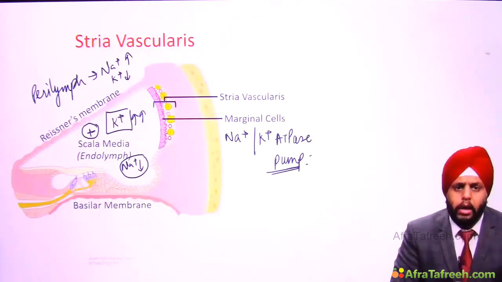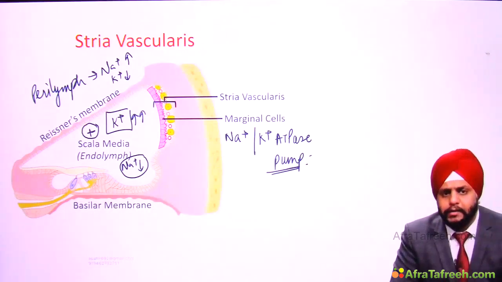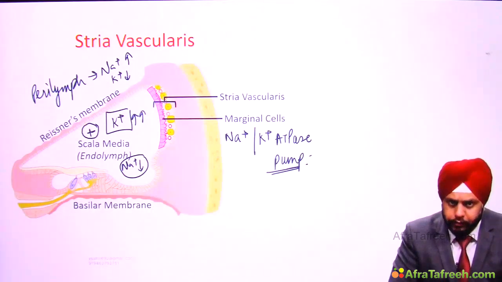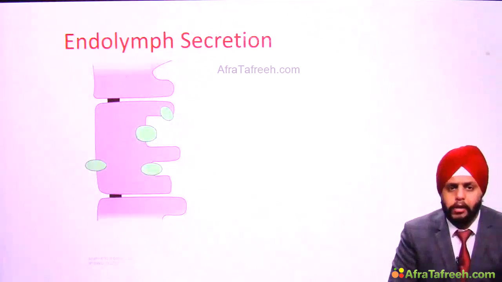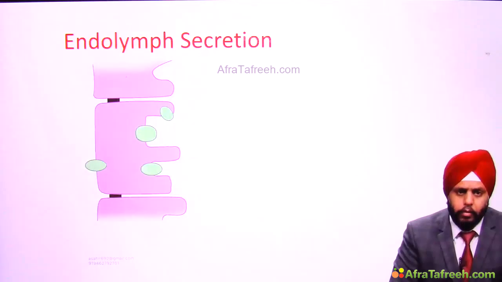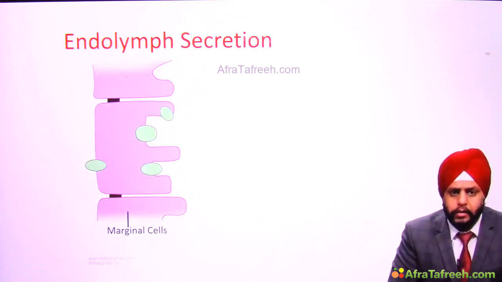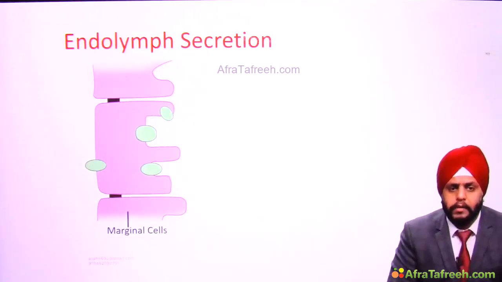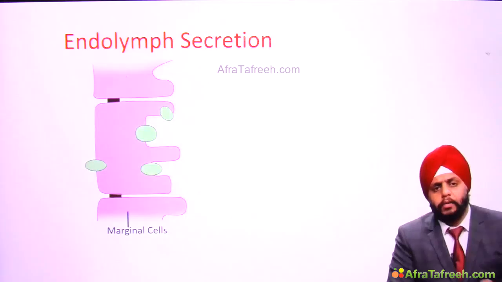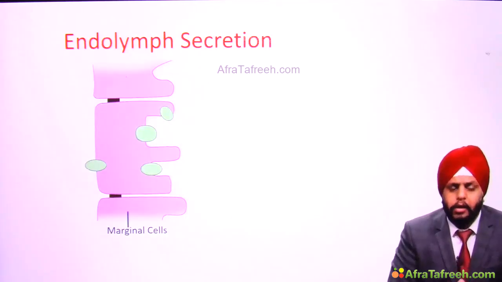Now how do these marginal cells secrete this endolymph? So let's look at the endolymph secretion. We are looking over here at these marginal cells, and these marginal cells are responsible for endolymph secretion. So if somebody asks you, endolymph is secreted by, your answer is marginal cells or the stria vascularis in the cochlea.